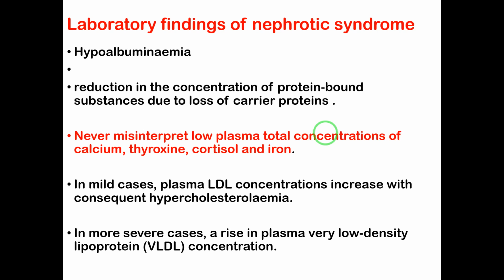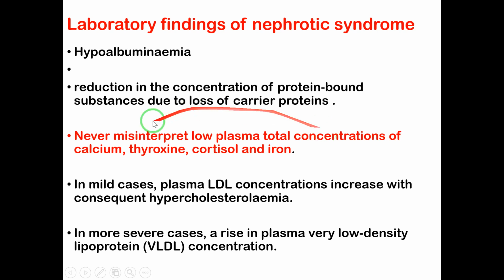Some of these proteins are binding proteins bound to important analytes in the body. For example, we have the thyroxine binding globulin carrying thyroxine. We have the cortisol binding globulin carrying the cortisol. We have iron attached to the transferrin, and also we have the ferritin. We have the calcium attached to albumin.